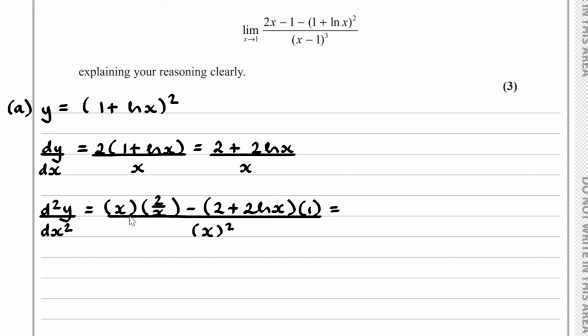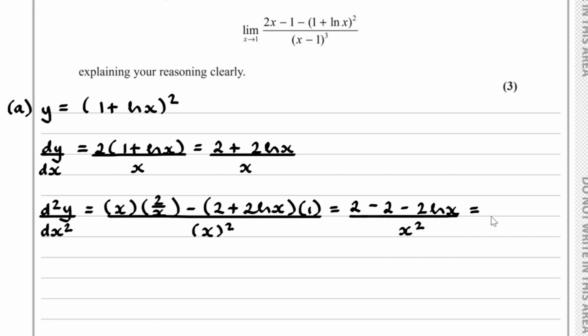We've got 2 times by x over x, so that's the same as 2, and then we subtract 2, and then we subtract 2 times by the natural log of x, and then we divide by x squared.